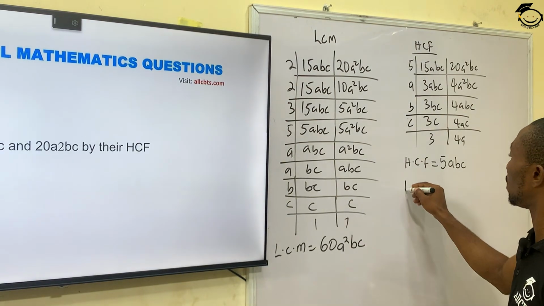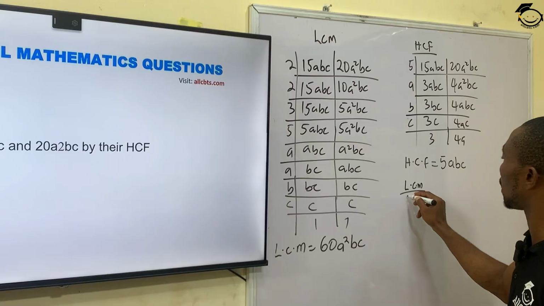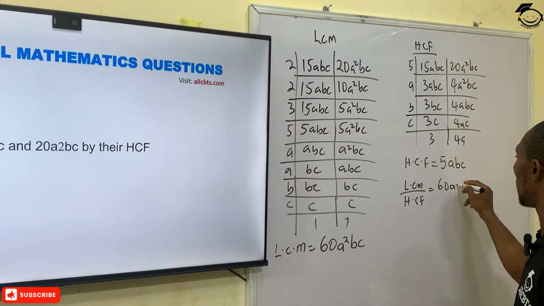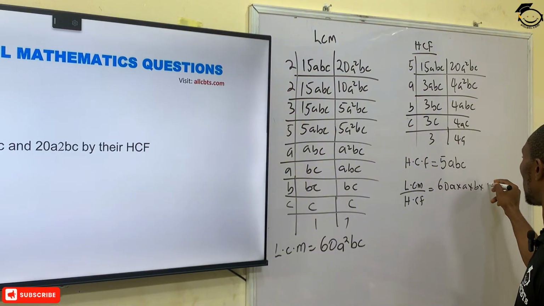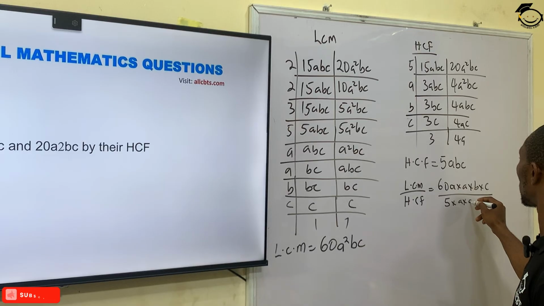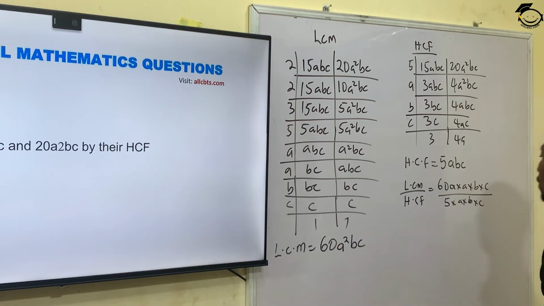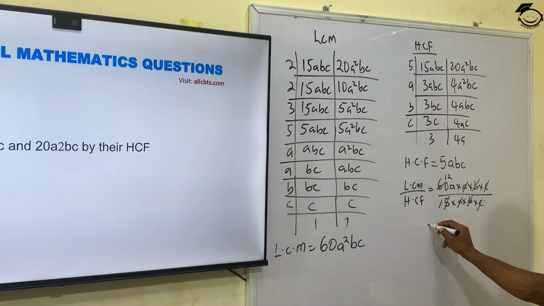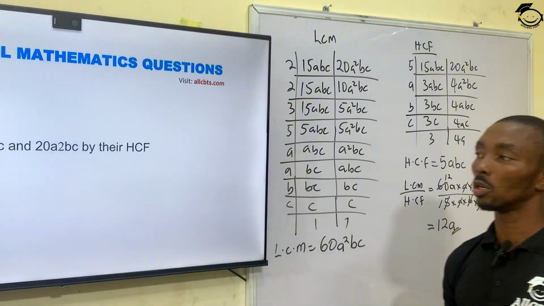So this will become 60 times A times A times B times C all over 5 times A times B times C. Now, C would cancel C, B would cancel B, A would cancel A, and 5 into 60 is 12. So our answer will become 12A, which is option B.